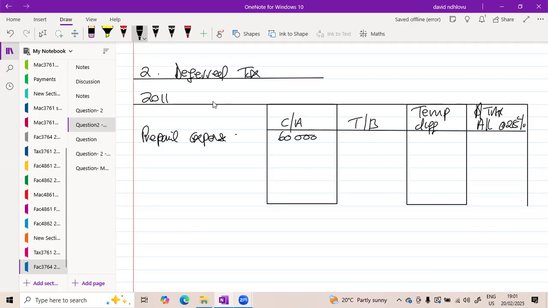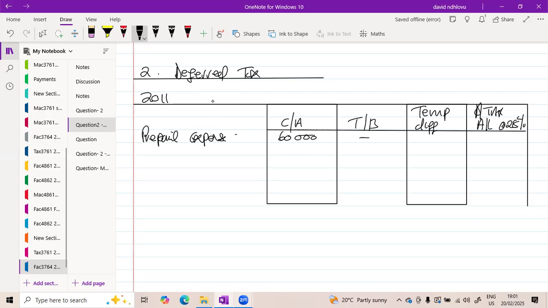What do we say? The tax base is going to be 0 because SARS allowed us a deduction in the year 2011. Wonderful. So SARS, according to Section 23H, already allowed a deduction in the current year. So therefore, they don't have a balance.